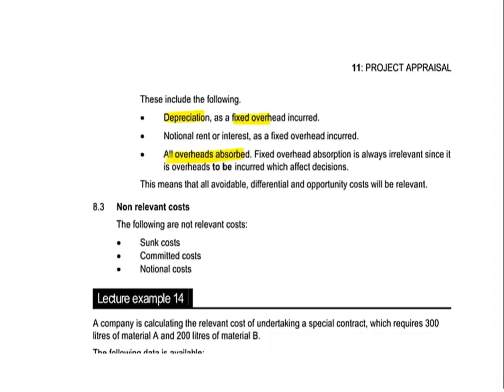So it needs to be a cost which is avoidable or differential or results in an opportunity cost for it to be relevant. The things that we never include as relevant, as I've said, are those sunk costs, committed costs, and notional costs. So the company is paying rent anyway, but you charge it to a project.